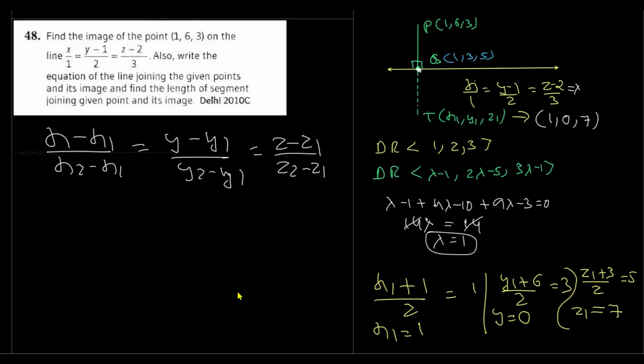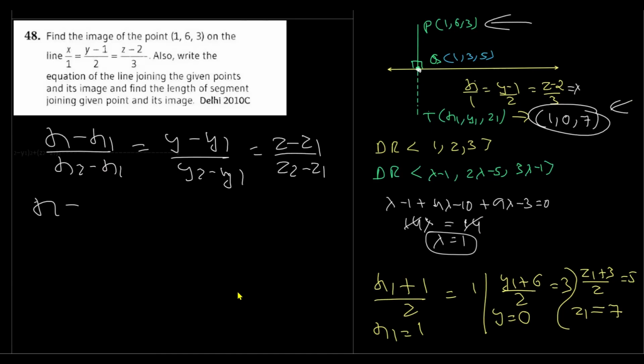So this is the formula which I am going to apply for obtaining the equation. So this is x minus x1, and I'm taking x1 as 1, and this as 2, right? We just have to obtain the equation. You can take this as well, that's fine. This is the equation of PT.